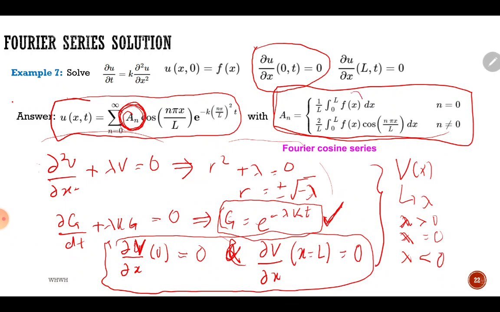So what is fx? In the question, usually they will give whatever function of fx, maybe fx equals x or x square or whatsoever, then you have to integrate in order to find the coefficient for a n, just like example 6 that we have discussed before, where in example 6 we are using Fourier sine series, but here we have Fourier cosine series.